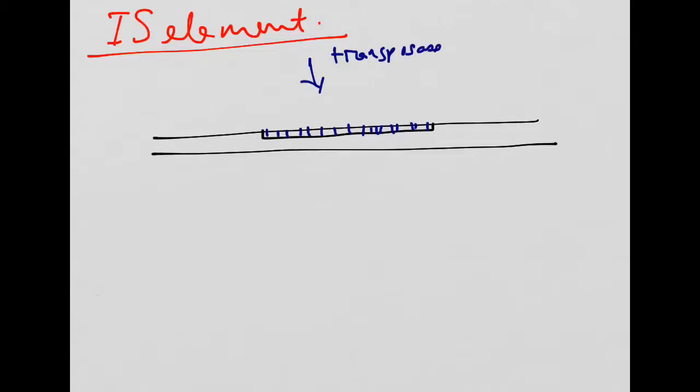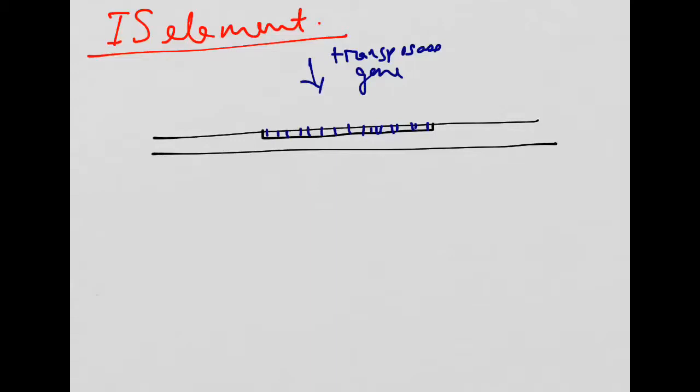This transposase enzyme helps the transposable element get excised from the donor DNA and inserted into a new target site. This enzyme is the key enzyme in the cut and paste mechanism of the IS element. IS element moves by cut and paste mechanism actually.